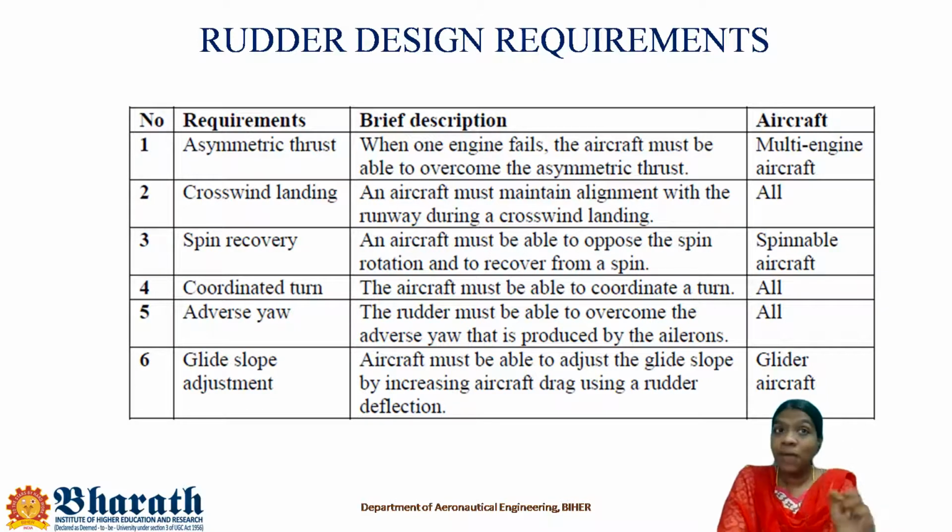The aircraft must be able to oppose the spin rotation and recover from the spin. This mainly occurs only in a spinnable aircraft. It is not experienced in all types of aircraft, only in spinnable aircraft. So spin recovery plays a vital role. And the next one is the coordinated turn.